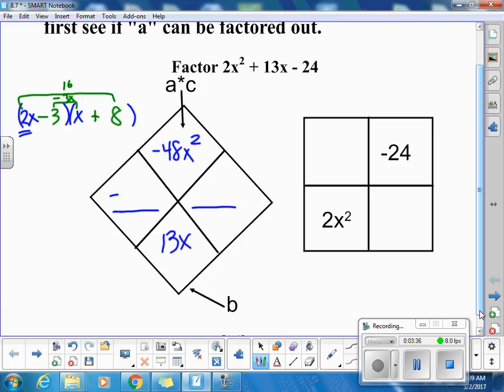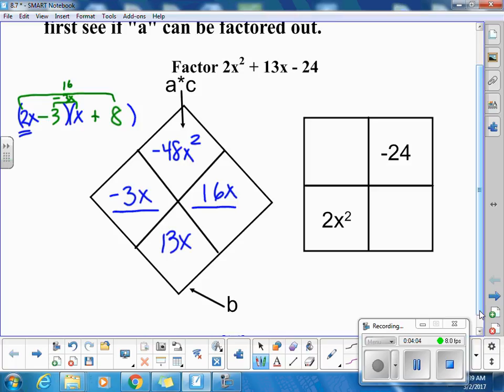So 16 and 3. I want to end up with a positive 13. Excuse me, I think I might have said that the other way. So I need the 16 to be positive and the 3 to be negative. 16 times negative 3 is negative 48, and 16 plus negative 3 is positive 13.